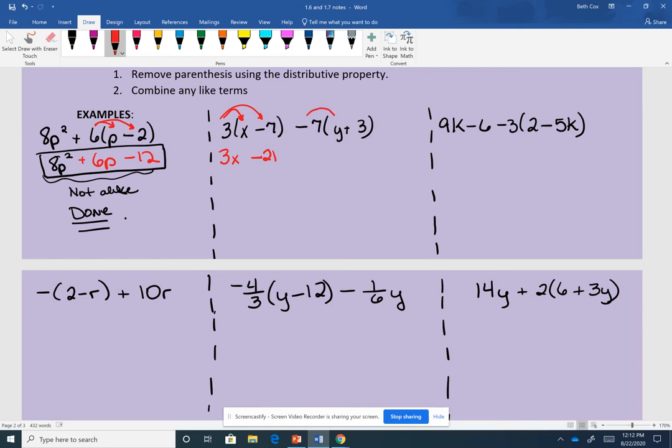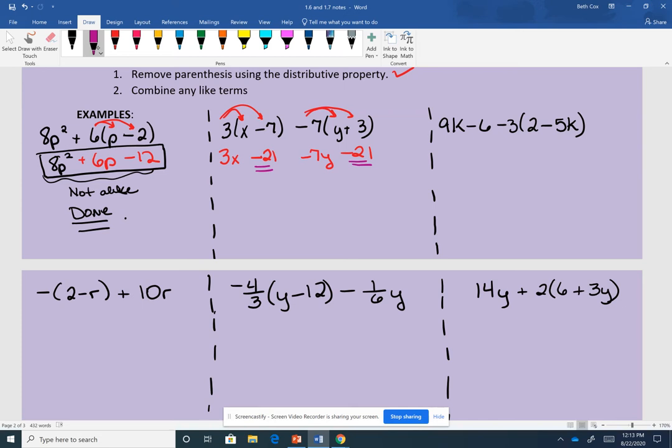And then I'm going to do these the same way. Minus 7y, or negative 7y. Okay, so I did that. Now I'm going to combine any like terms that I have. Well, these two are alike. They are numbers without variables. So all the numbers without variables are like terms. And signs are the same.